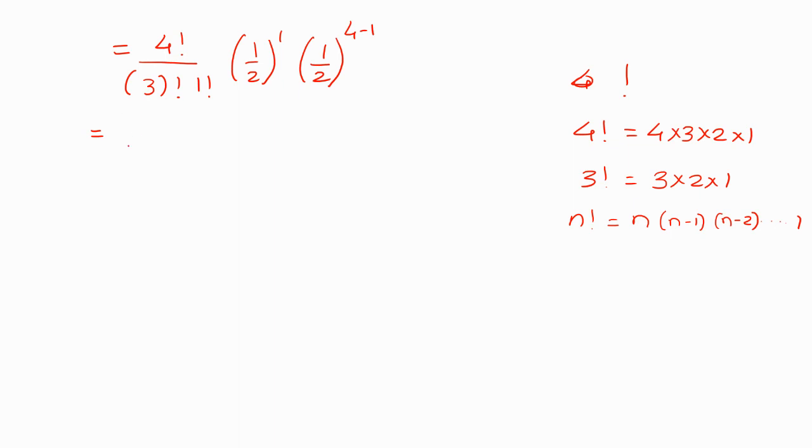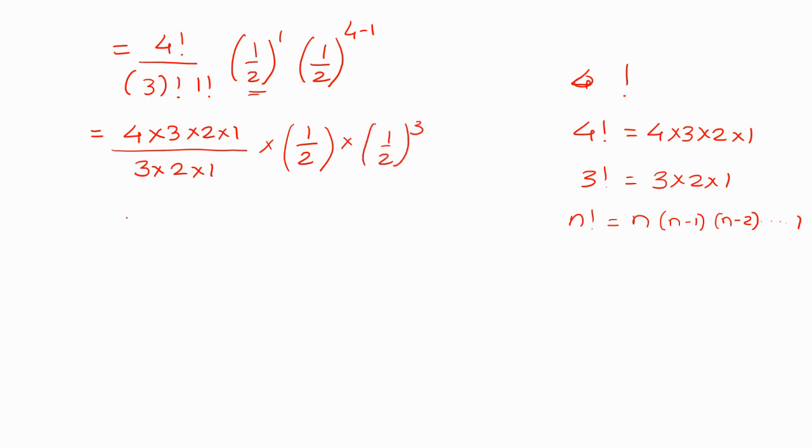Now, simplifying this, it will be 4 into 3 into 2 into 1, divided by 1 factorial, which is 1 itself, then 3 factorial, which is 3 into 2 into 1, into half, and half raised to 3. Now I can cancel these out.